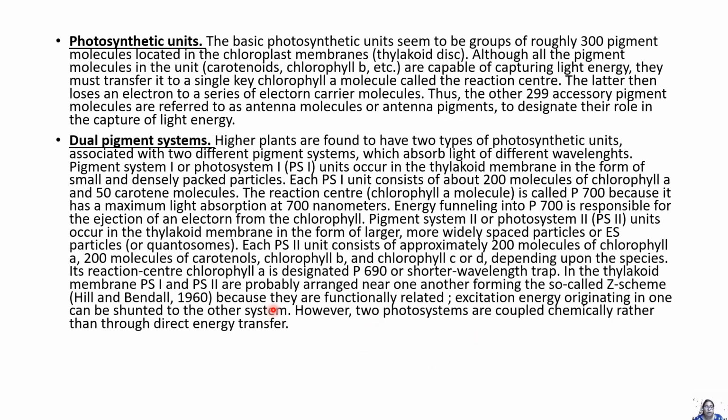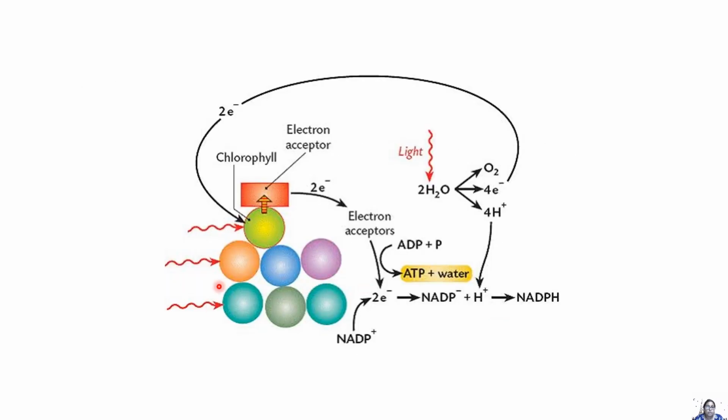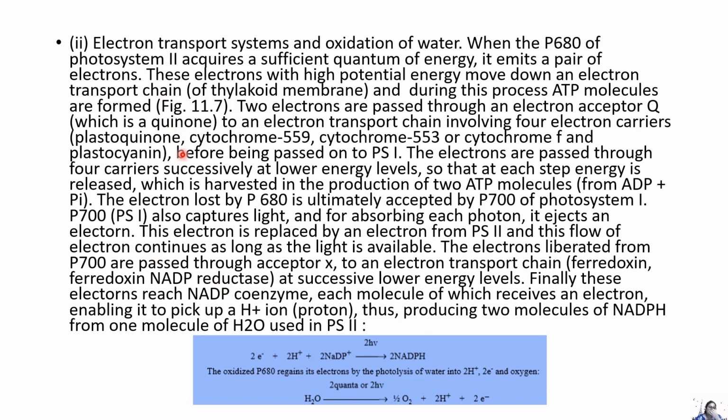Okay. However, two processes can uncouple chemically rather than through direct energy transfer. So electron transport systems and oxidation of water. So when the P680 of photosystem 2 acquires a sufficient quantum of energy, it emits a pair of electrons. These electrons with high potential energy can move down an electron transport chain, and during this process ATP molecules are formed.